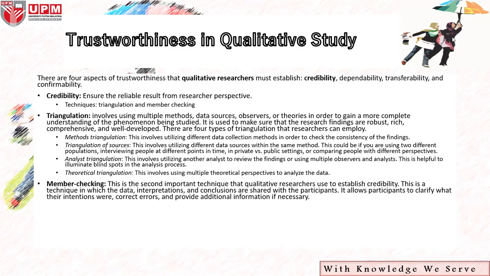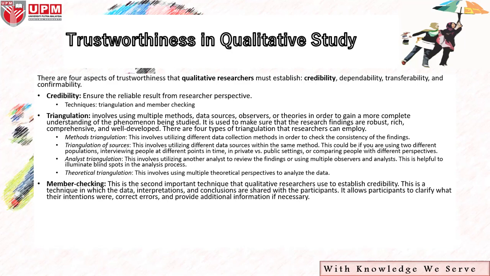Next, the second way is by using member checking, to secure your data and your study credibility. How do we do member checking? It is a technique that qualitative researchers use to establish credibility. This is a technique in which the data, interpretation and conclusions are shared with the participants. The transcript that we already transcribed, we share with the respondent.